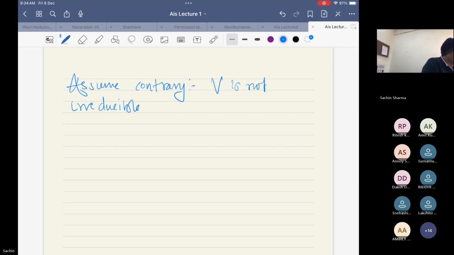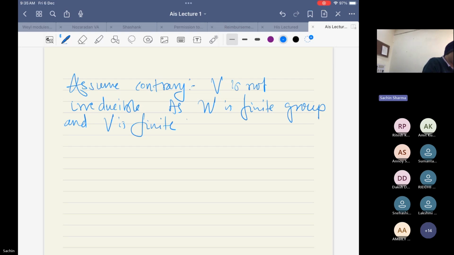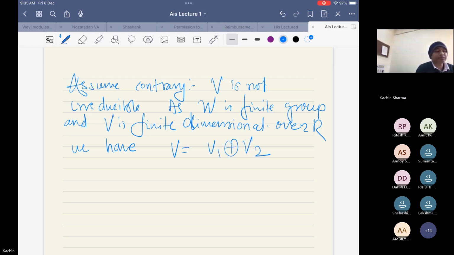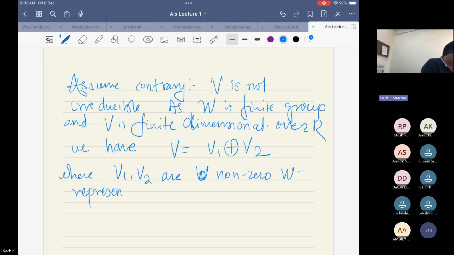Then, as W is a finite group and V is finite dimensional over R, we have V equal to V1 direct sum V2, where V1 and V2 are non-zero W representations.